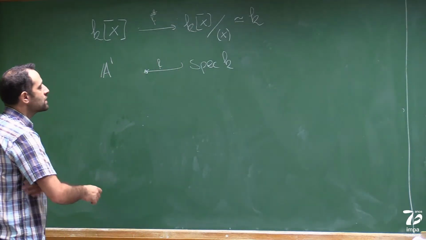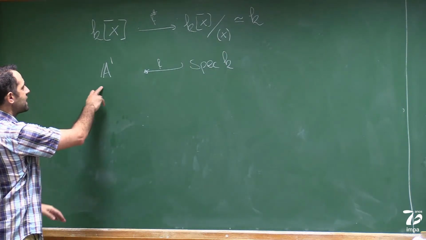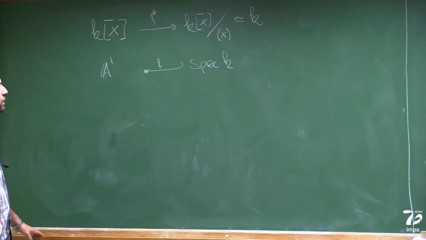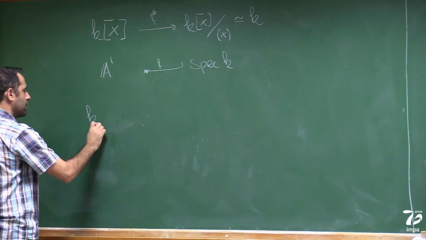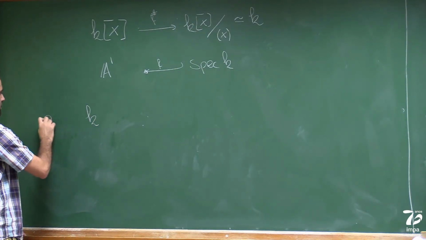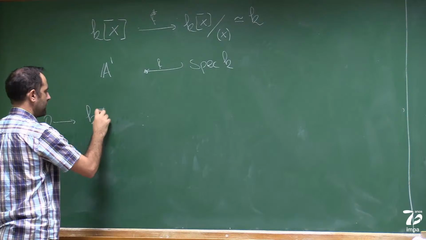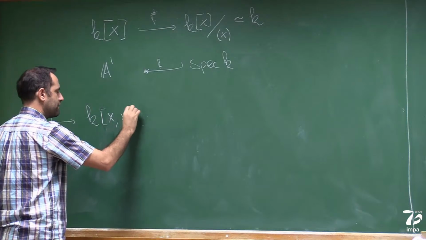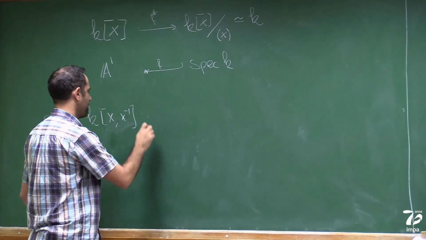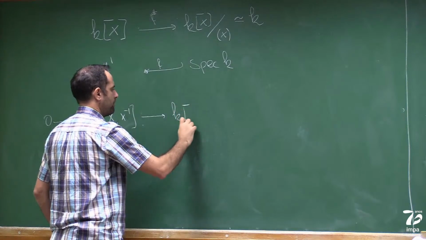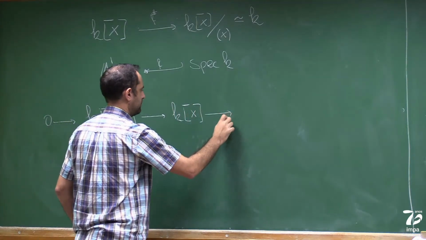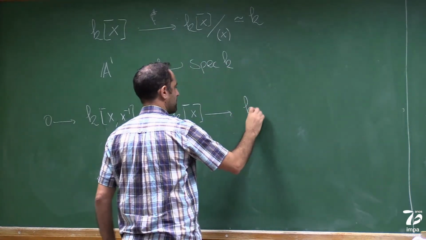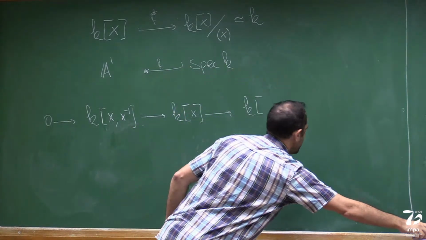Now what I want to take is a module here, and I want to pull it back there. So I want to take the following sequence of modules, and I want to understand what they are. I'm going to take k[x, x inverse] and look at the quotient.